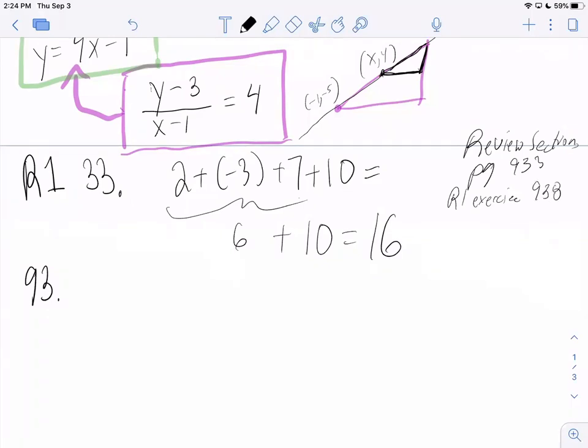Okay, so 93 asks, IHOP's strawberry banana French toast contains 1060 calories.